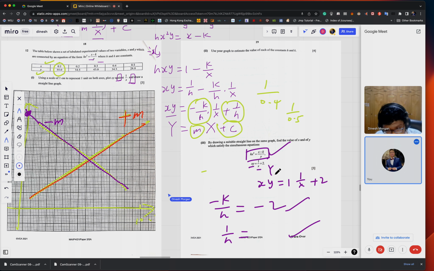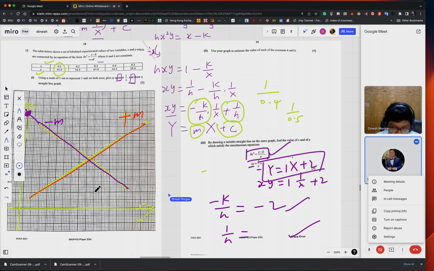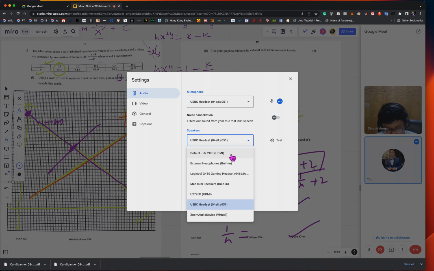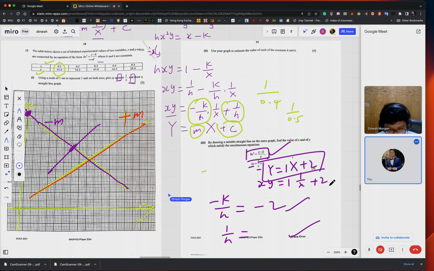So it's like big Y equals big X plus 2. So you just need to draw this out. Okay? And then that's it. Then you just draw that line, and the intersection point will give you the value. Alright? Yes? No? Okay, good.